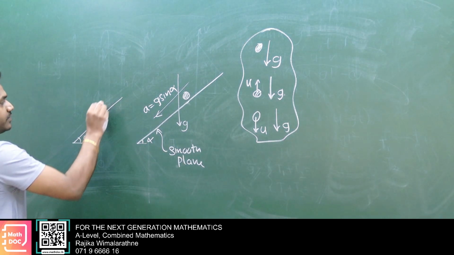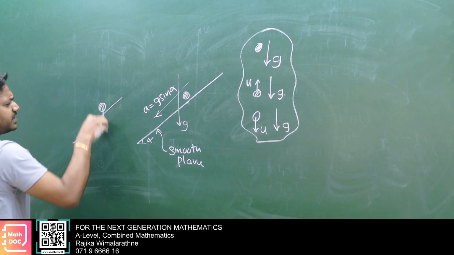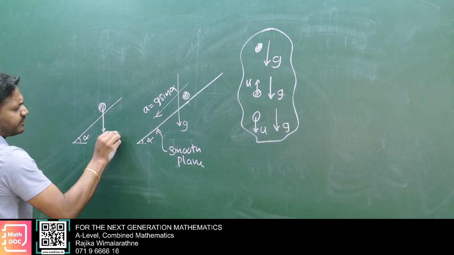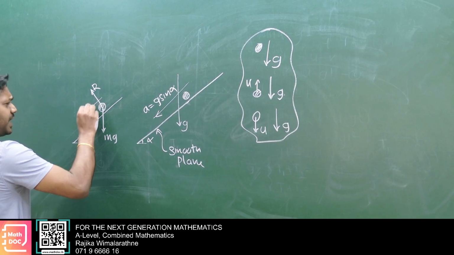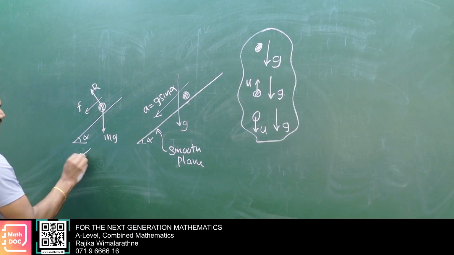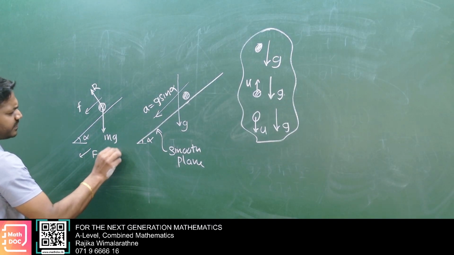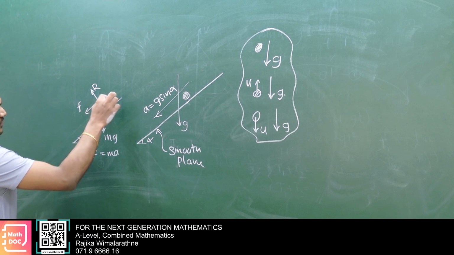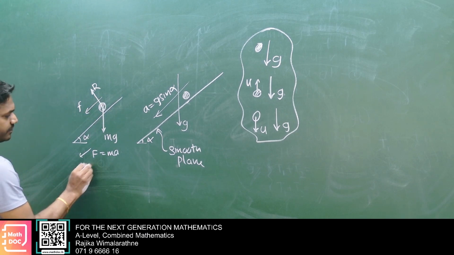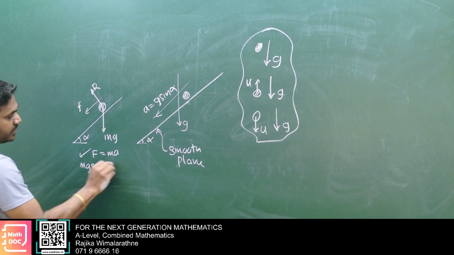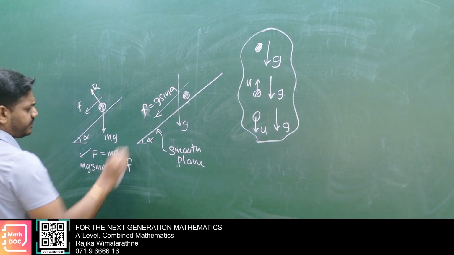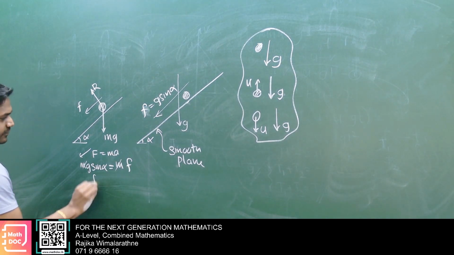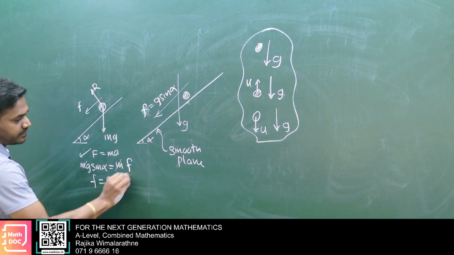We can prove that. Consider the incline alpha and a particle with weight mg. Take reaction R and acceleration f. Use F equals ma. The force mg sine alpha equals mf, so f equals g sine alpha.